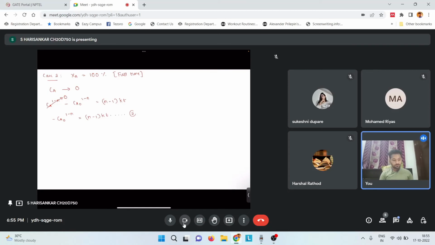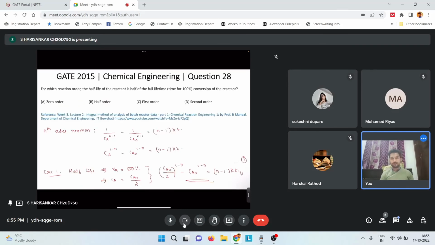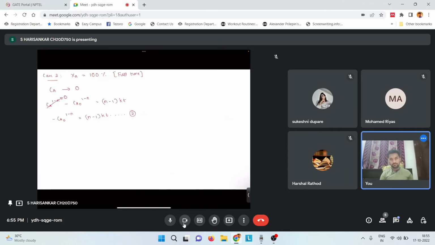Also, we need to note that the time is different. In the first case, it is n minus 1 into Kt half, and in the second case, it is n minus 1 into Kt. So we have two equations. Divide these two equations, so let's take 1 divided by 2.